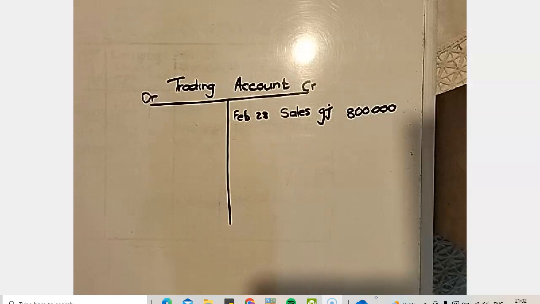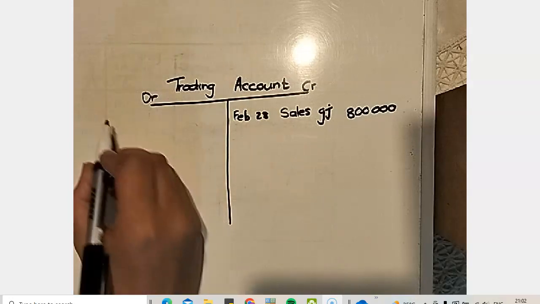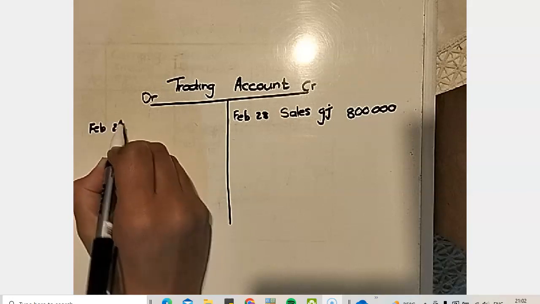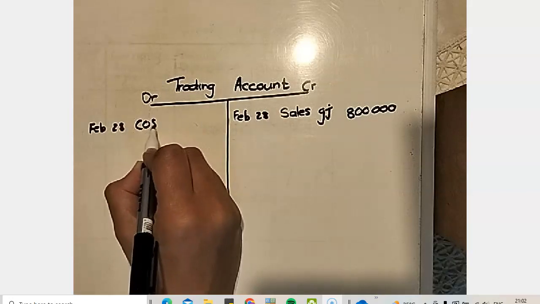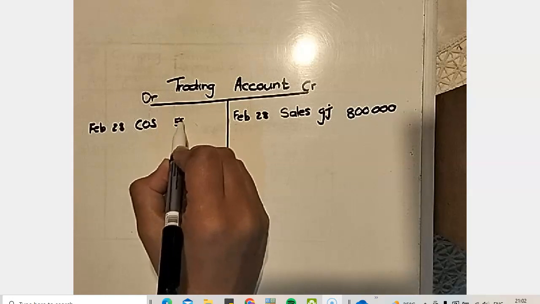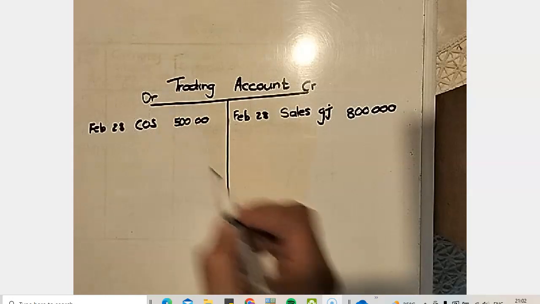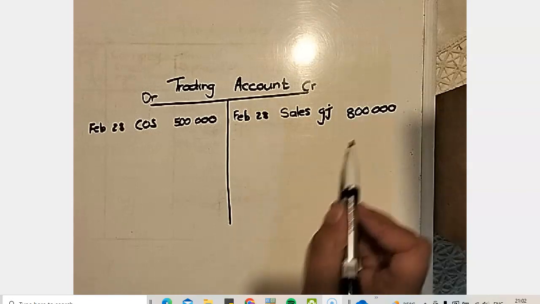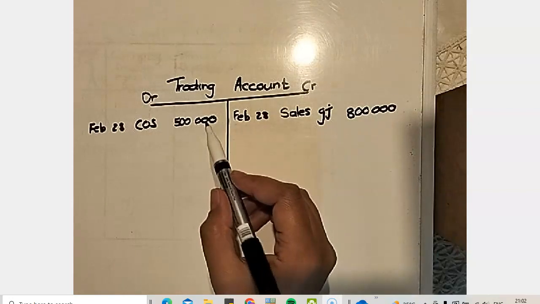Okay. On the debit side, you will also have February 28th. You will write cost of sales, and then you will write 500,000. Okay. But now, does this account balance?